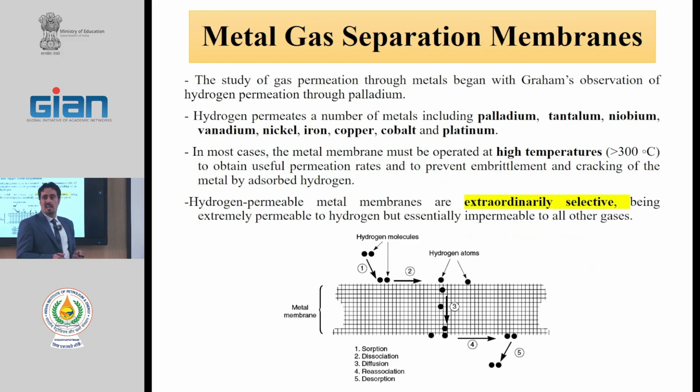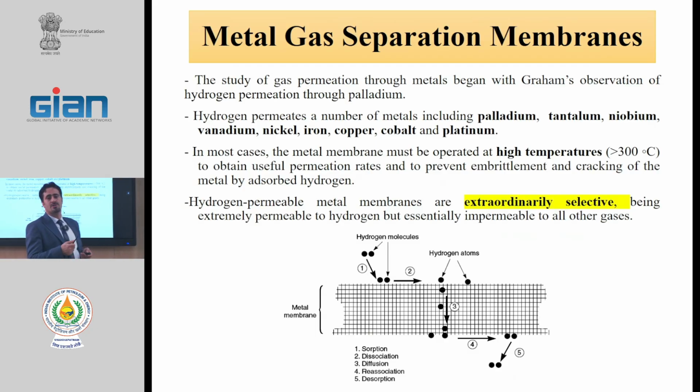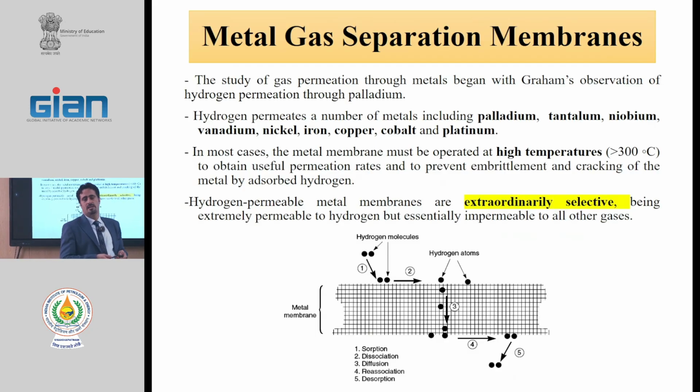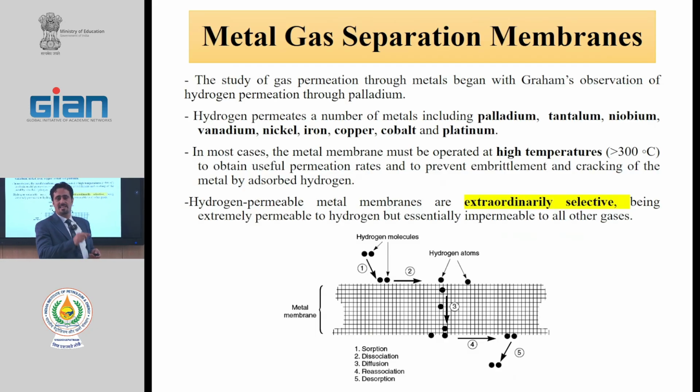Now I speak about the mechanism of separation in metallic membranes, used for hydrogen separation. If we have a very thin metal layer prepared from palladium, nickel, or cobalt, this is a hydrogen-only membrane.